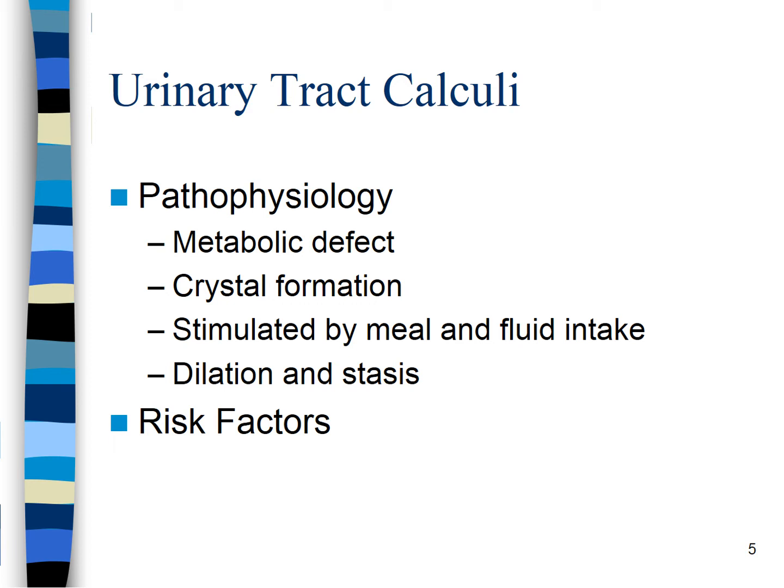Risk factors. Males have a 4-to-1 risk, so males are at a higher risk for this. If you have a family history of this, or if you are dehydrated, remember you need to be bringing in adequate fluid intake to avoid this.